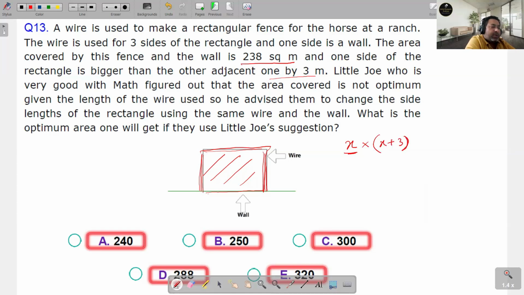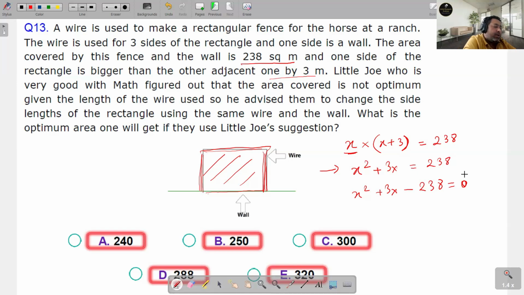So x meters into x plus 3 meters will be equal to 238. Now let's solve this equation, which looks like a quadratic equation. So x square plus 3x is equal to 238, and therefore x square plus 3x minus 238 is equal to 0.